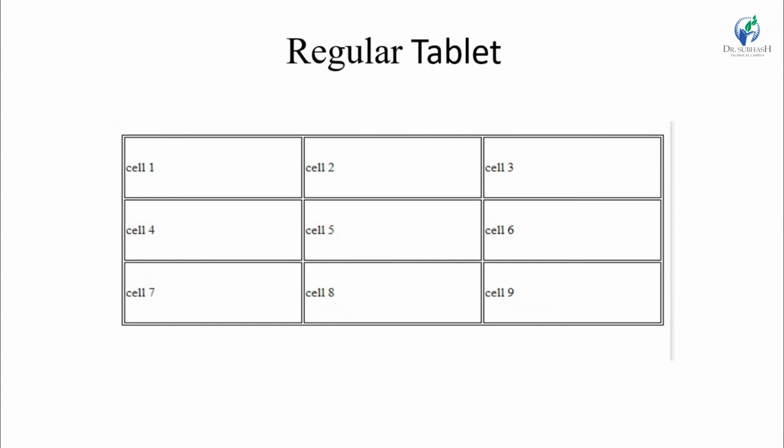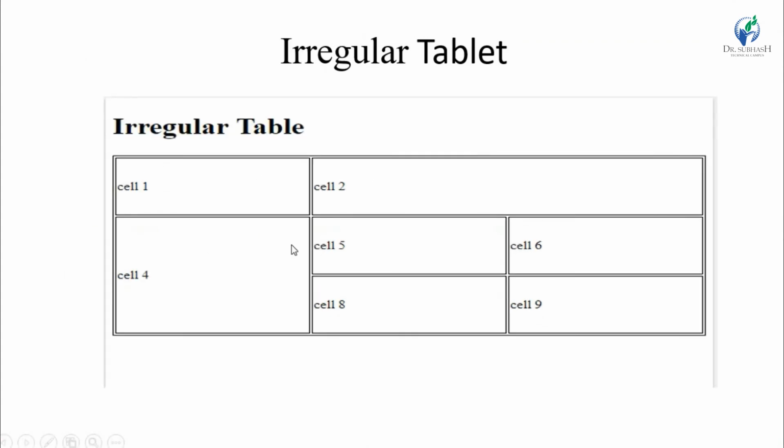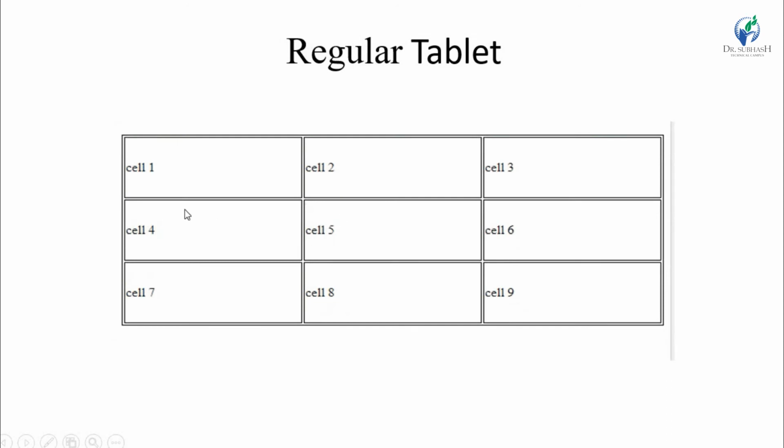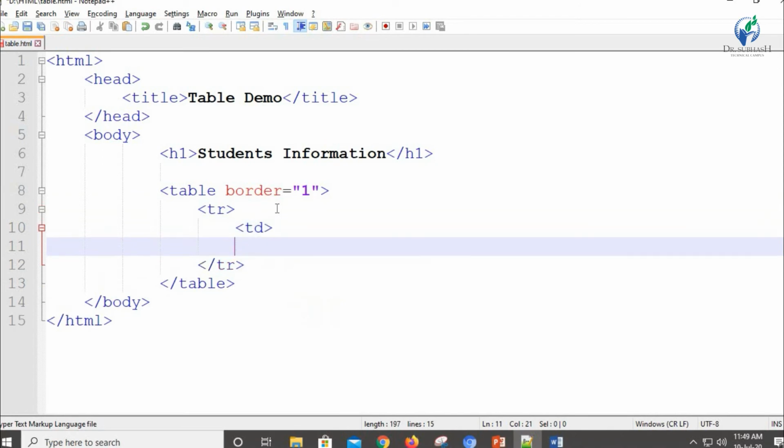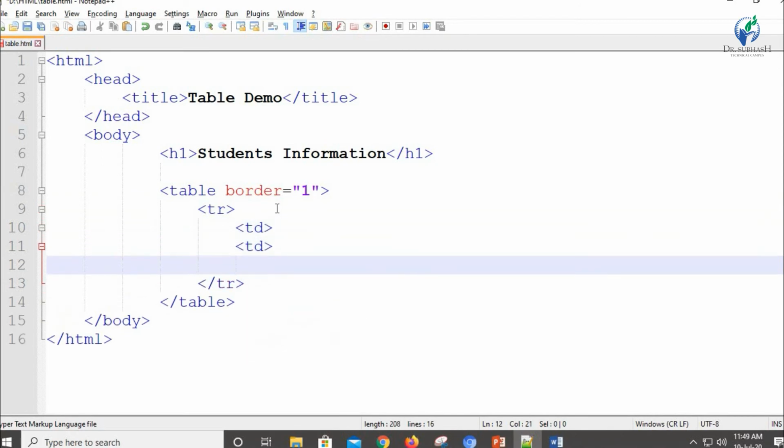You can see over here, 1, 2, 3 rows are there, and similarly we will have 3 columns. So in each row we have 3 cells, so in each row we are going to create 3 TD.